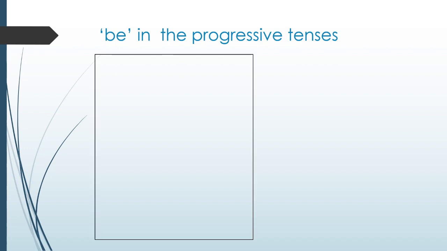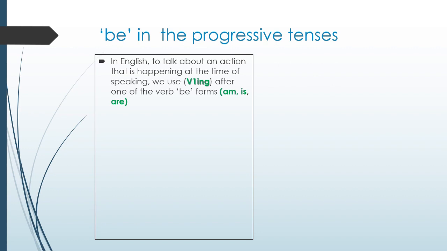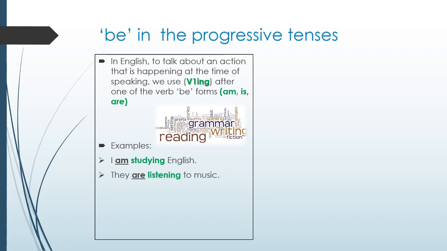But we can also use the verb be in progressive tenses. We have present progressive and past progressive. In English, to talk about an action that is happening at the time of speaking, we use the first form, verb 1 with ing, after one of the verb be forms, is, are. Example, I am studying English.